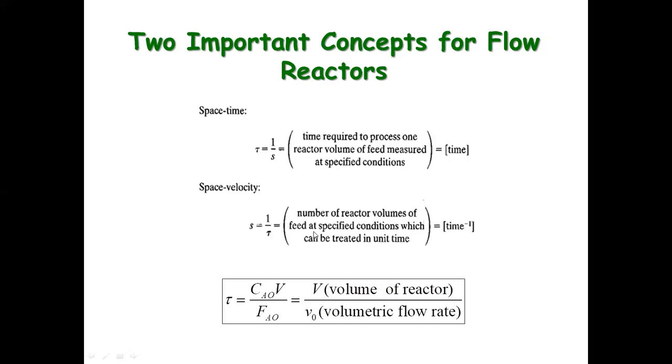If it's English, it's pound mole per hour, something like that. So that's your FAO. If you have the volume and the concentration, the remaining unit is mole, and since FAO is mole per unit time, the remaining uncancelled unit is time for the tau, which rightly should have a unit of time. So this is the space-time for the two steady state reactors.